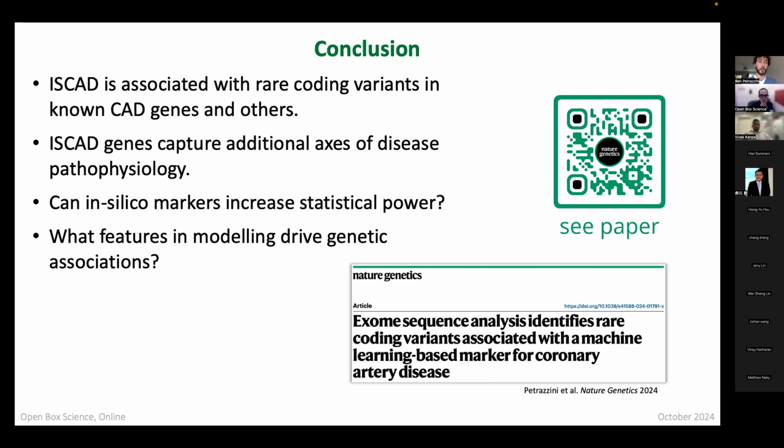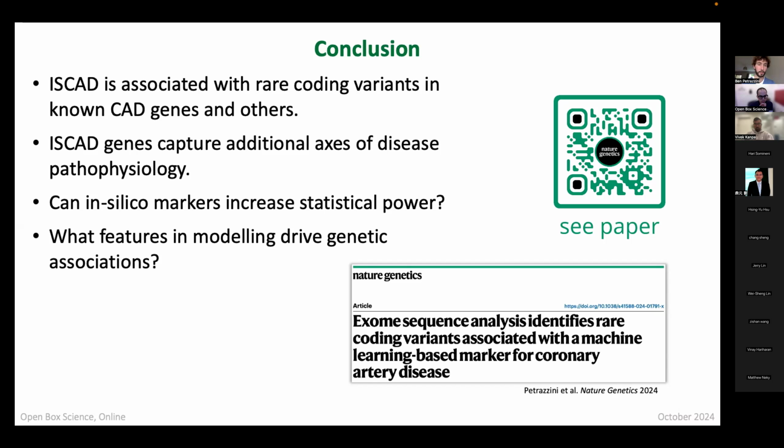So in conclusion, ISCAD was associated with rare coding variants in very well-known CAD genes, so definitely capturing CAD biology, but then also novel or not known genes for CAD, which represent horizontal biological processes not only restricted to traditional risk factors and lipid pathways.